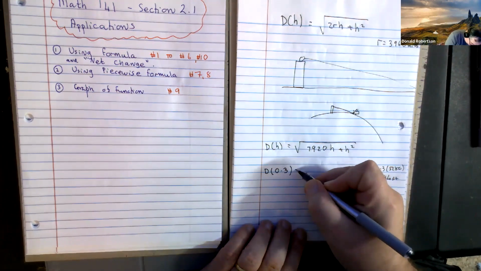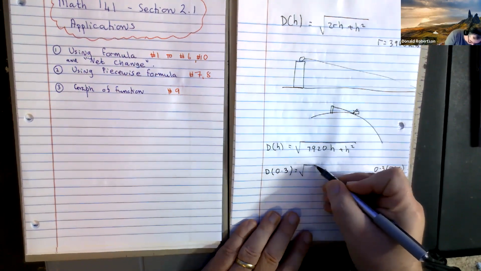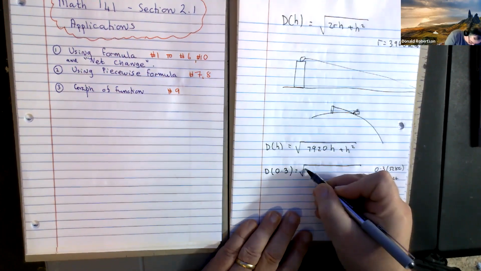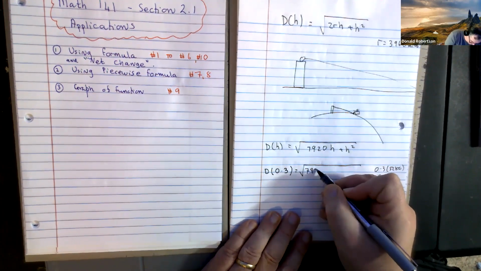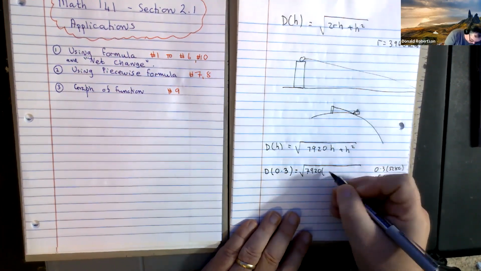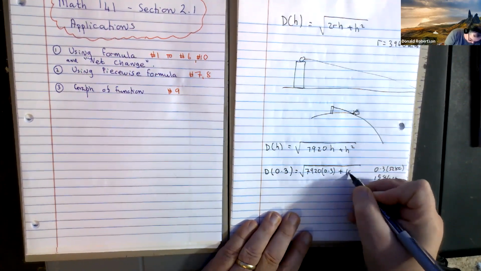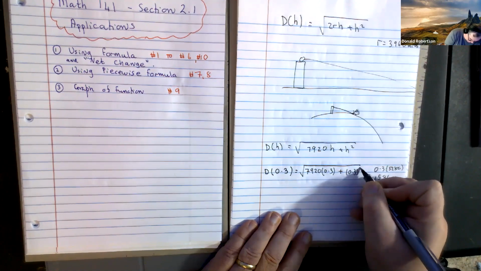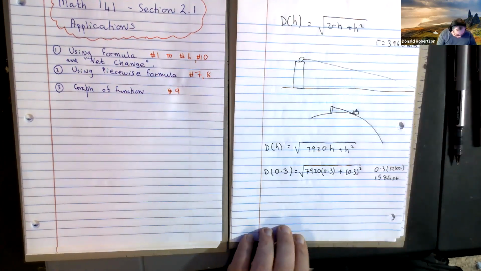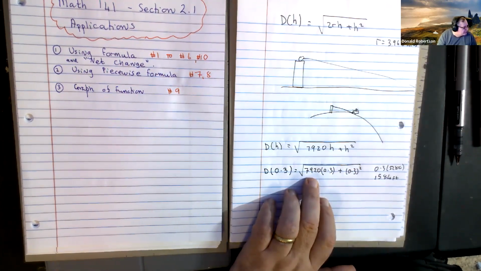So let's see what the answer looks like. It's the square root of 7,920 times 0.3 plus 0.3 squared. And I'm just going to do this on the calculator at the side. Hopefully I don't hit anything wrong.